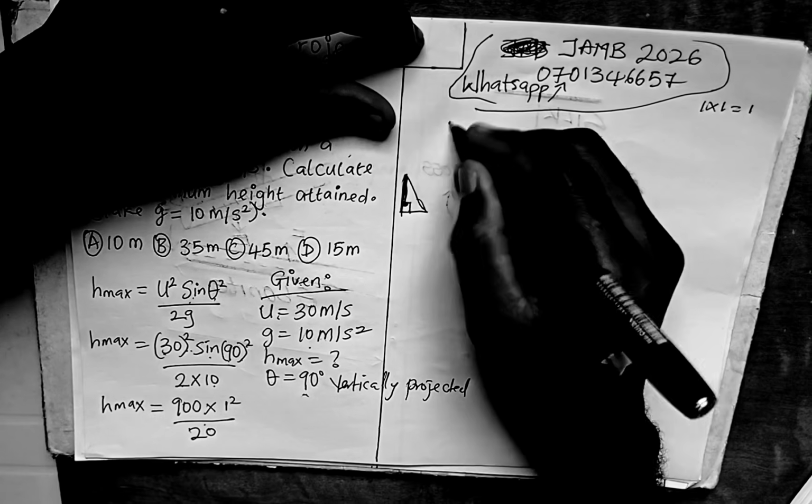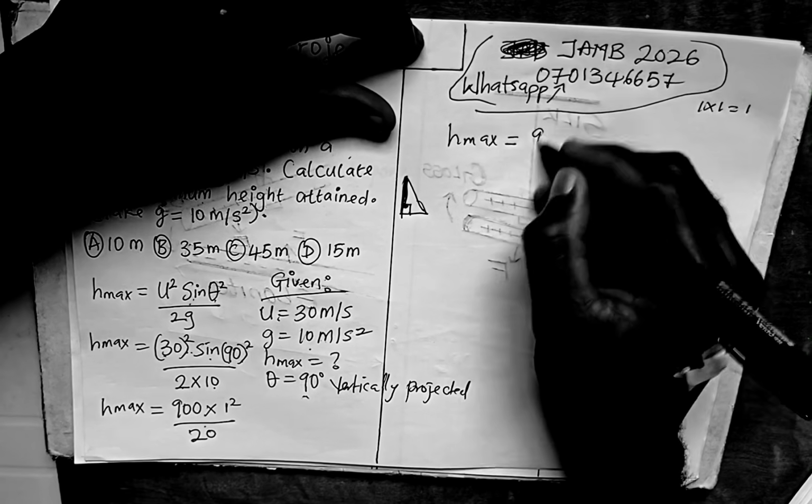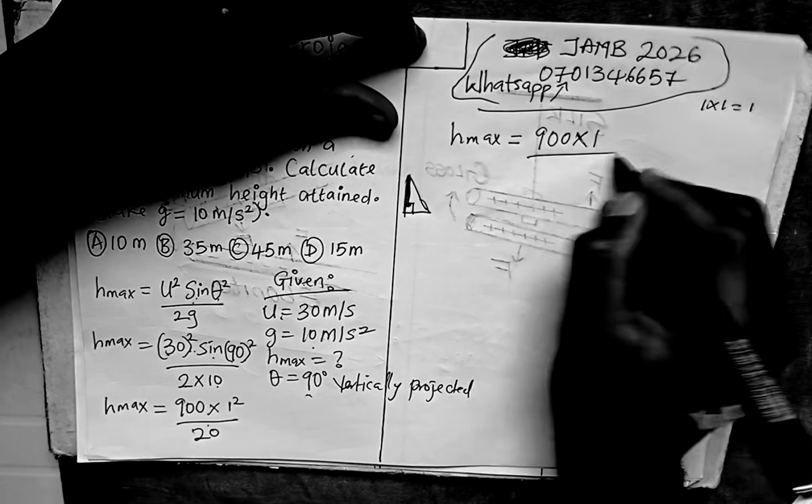So h max is equal to 900 times 1 over 20.